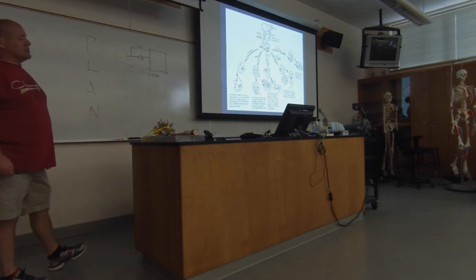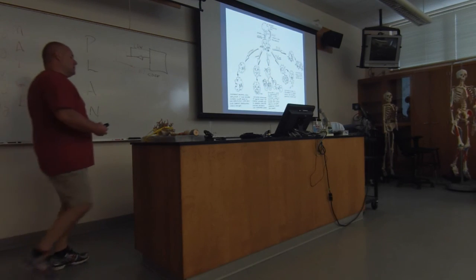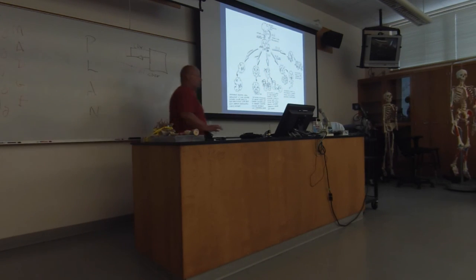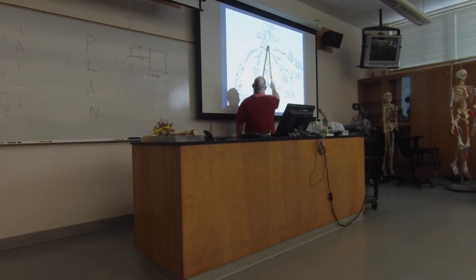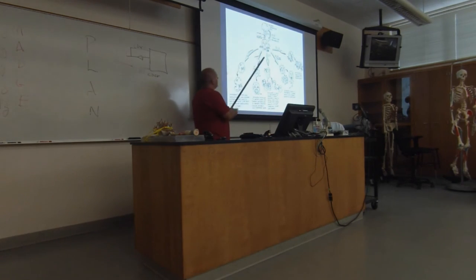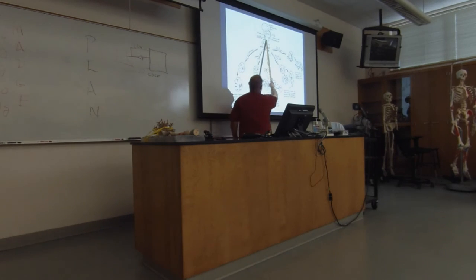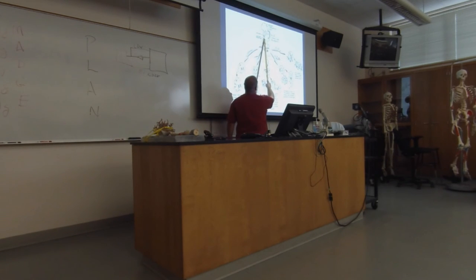Now, I personally like this particular diagram because it sums up the whole thing. Okay? I told you that helper T cells were what rank? They were the generals. So here I've got my generals, little stars up there. He's got an antigen receptor, my T cell receptor's right there.